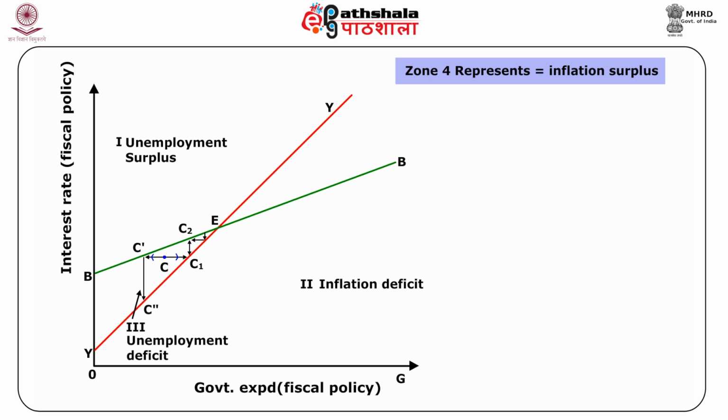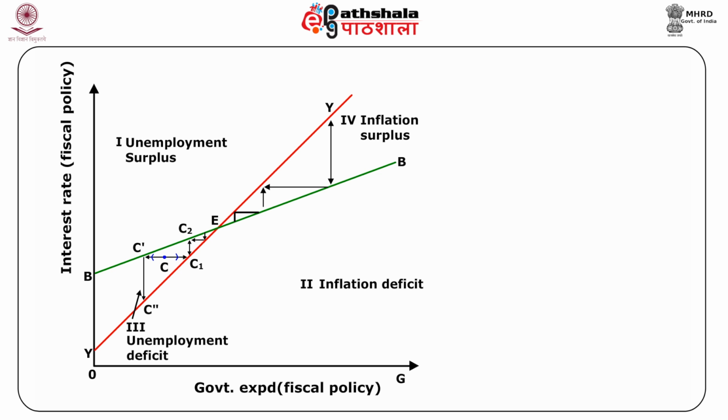Zone 4. Zone 4 represents a case of inflation surplus at any point in that zone as the economy is to the right of YY, which indicates inflation, but to the left of BB line, which signifies external balance.